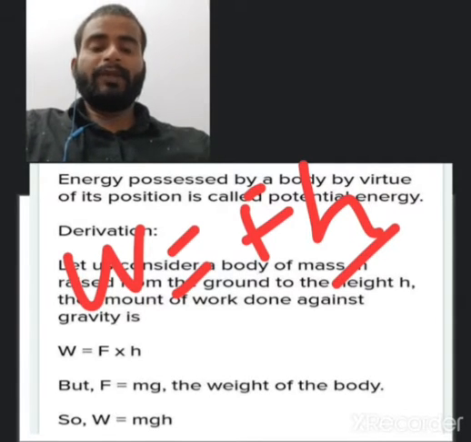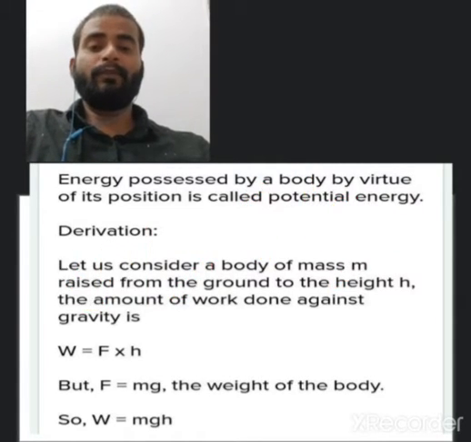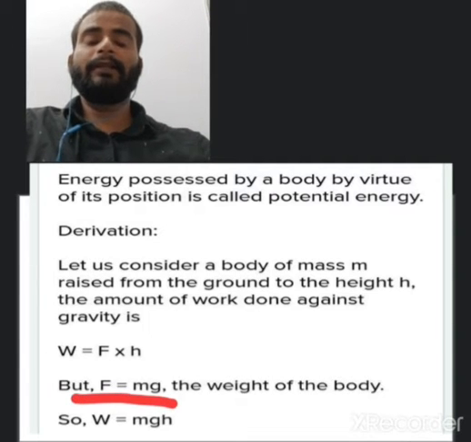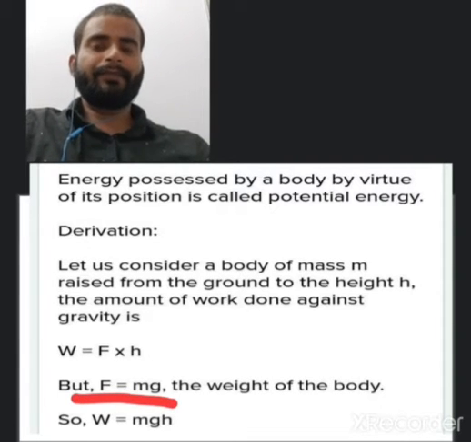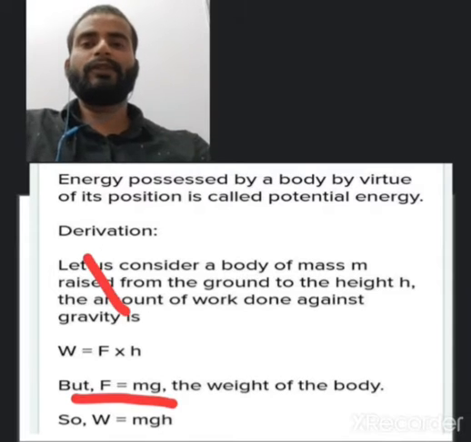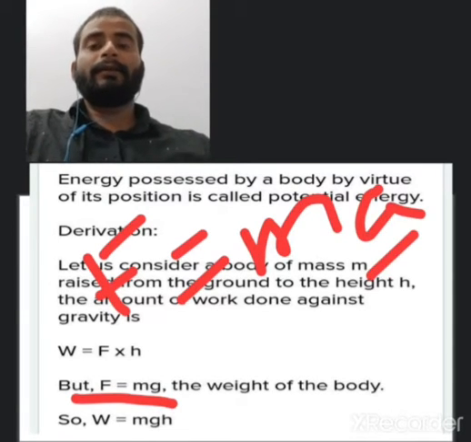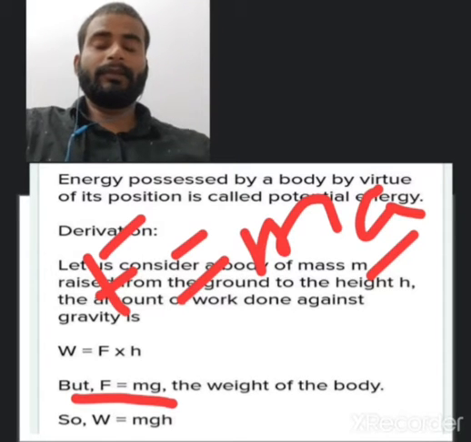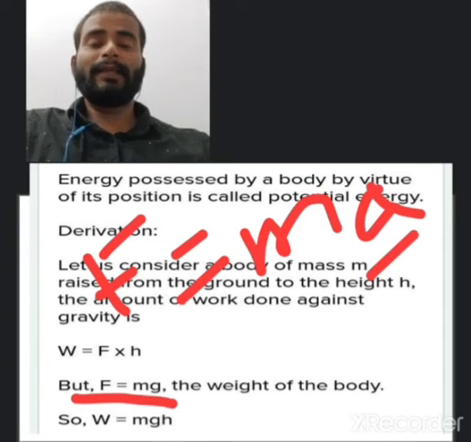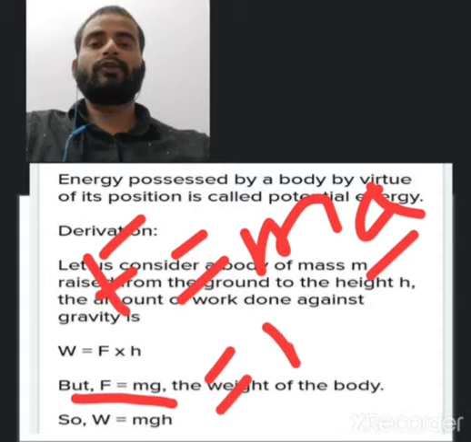So we know that in place of F, we can write mg, the weight of the body, because we know that F is equal to ma, but a is the gravitational acceleration, so we take acceleration due to gravity g, so mg.